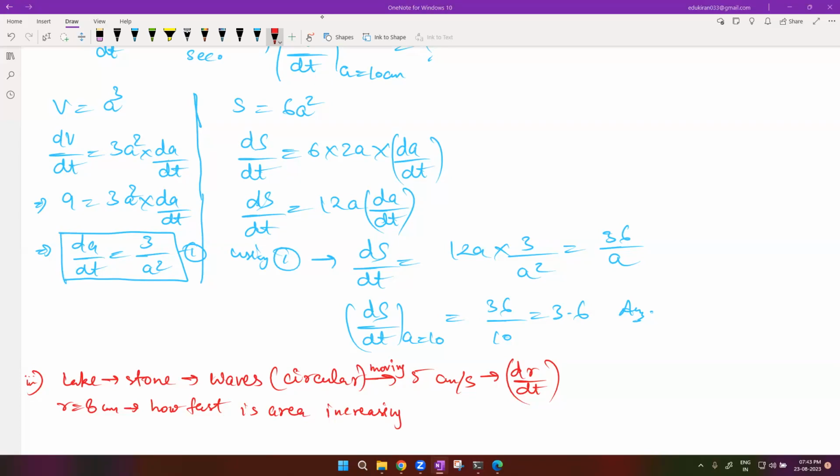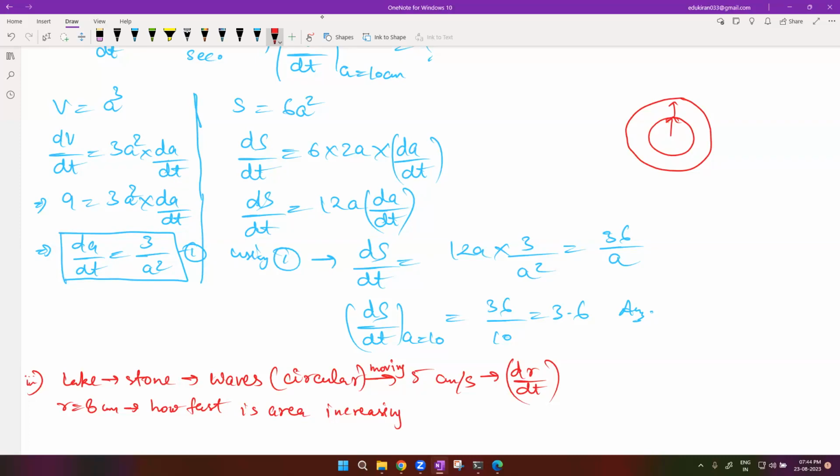This would have represented one more thing, which is change in circumference. But right now, this is not representing change in circumference because the circular waves are moving outside. So the speed is given with respect to radius only. This is dr by dt.